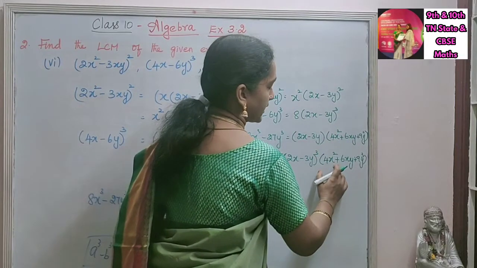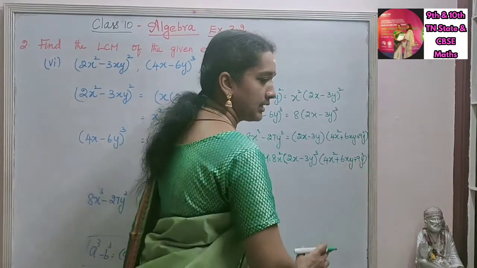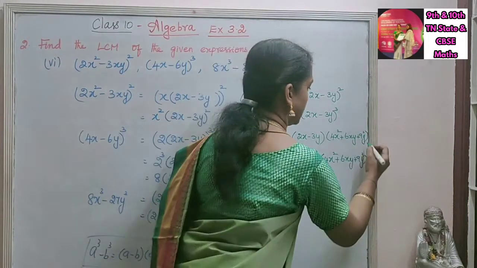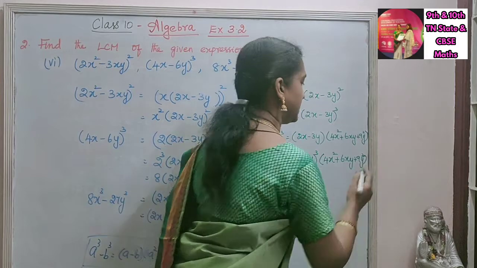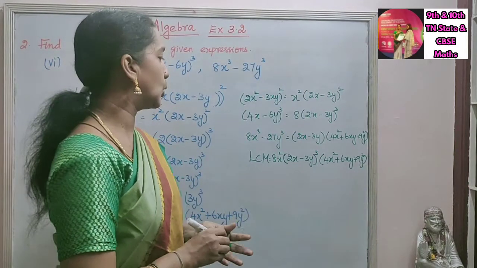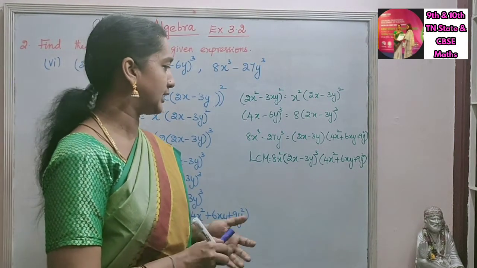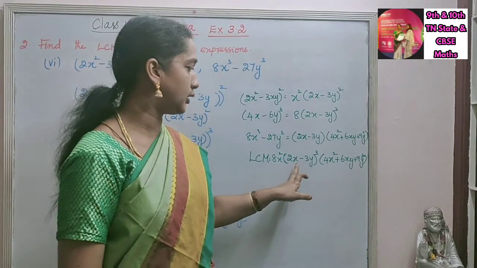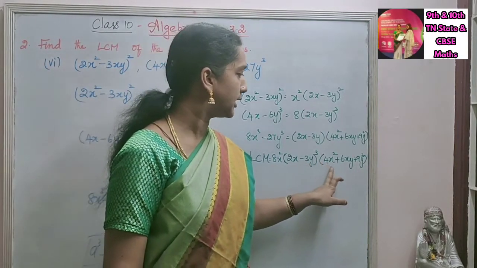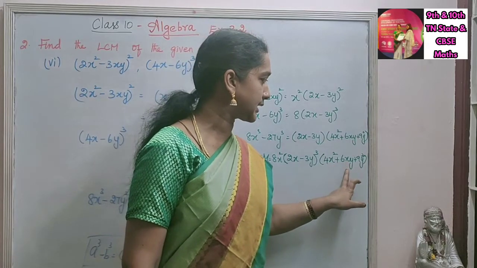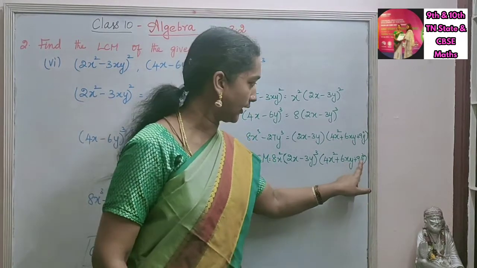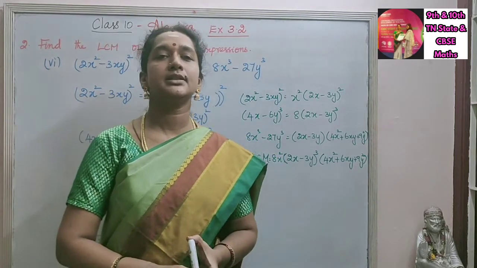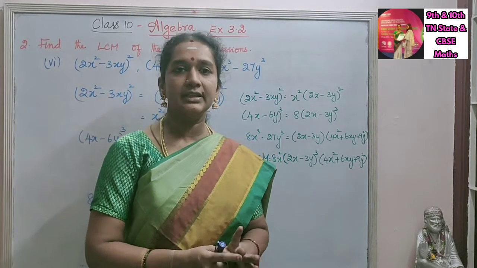Then 4x squared plus 6xy plus 9y squared. So these are the factors we will get for the LCM: 8x squared into 2x minus 3y the whole cube into 4x squared plus 6xy plus 9y squared. With this, I am completing this exercise.